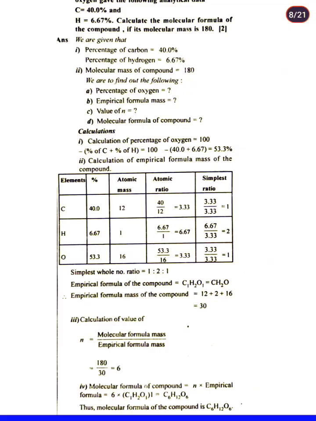ठीक है जी। तो नेक्स्ट एक न्यूमेरिकल है। Calculate the molecular formula of a compound having carbon 40%, hydrogen 6.67%, and the remaining oxygen, if the molecular mass is 180.